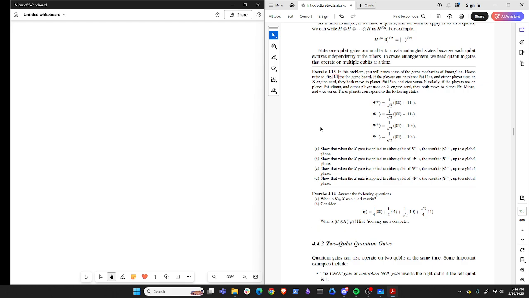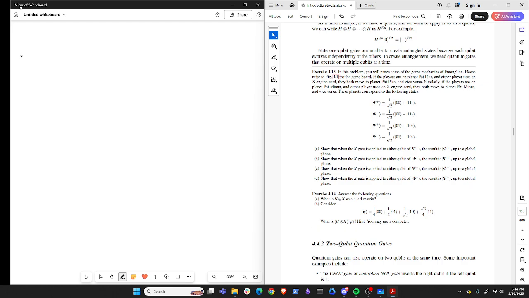So 4.13. Obviously, we have the Bell states, but we don't get into that until chapter 6, I believe. We'll just work through A to show the principles here.